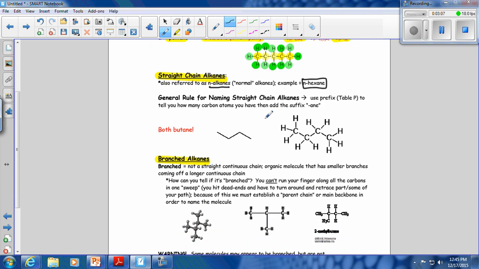Now, the general rule for naming straight-chained alkanes is that you're going to use the prefix off of Table P to tell you how many carbon atoms you have, and then you're just going to add the suffix or the ending of A-N-E.